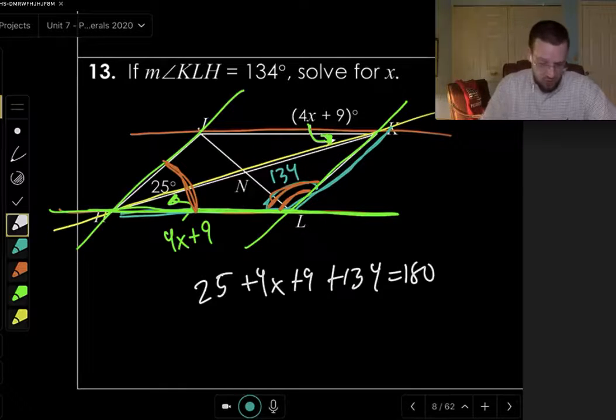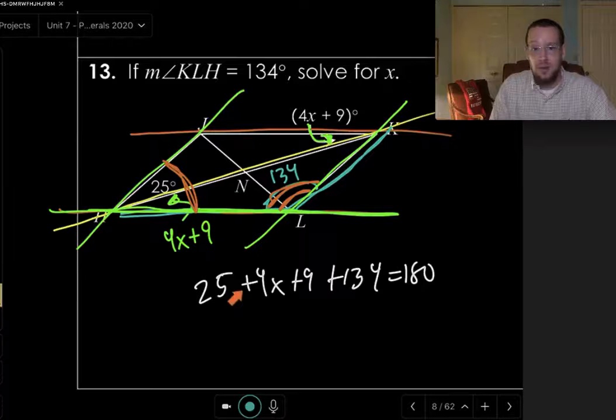You're going to have a hard time solving for x if you don't know how to add two numbers together. If you don't know how to divide, you're never going to get the answer, even if you do know how to add. So this is what we need to do. You really need to familiarize yourself with those four transversal properties, because that's what's going to make these problems difficult.